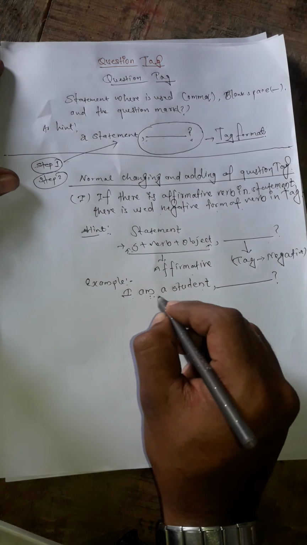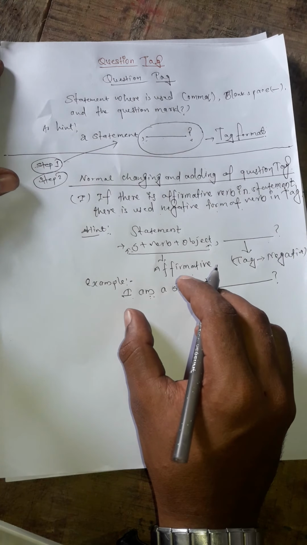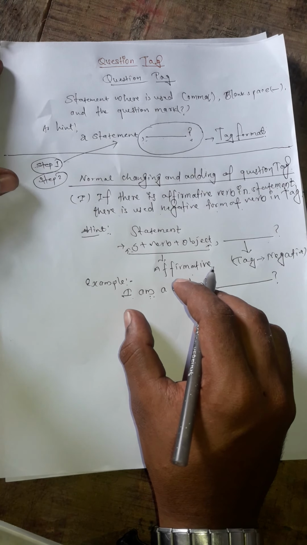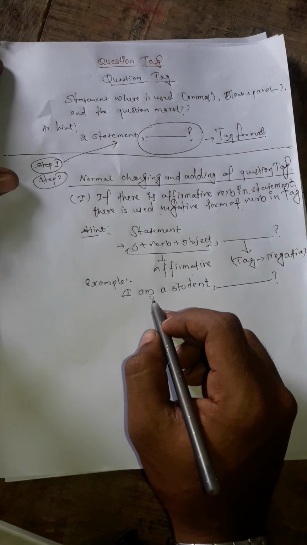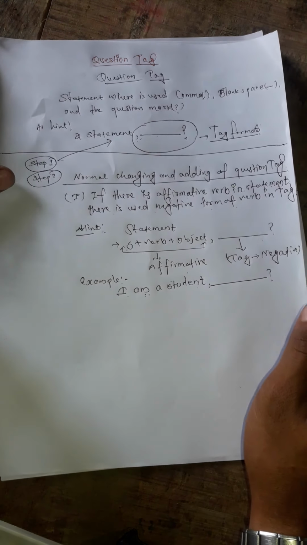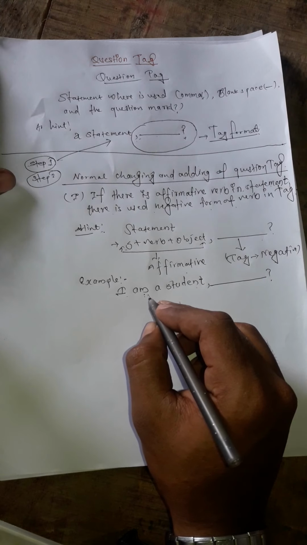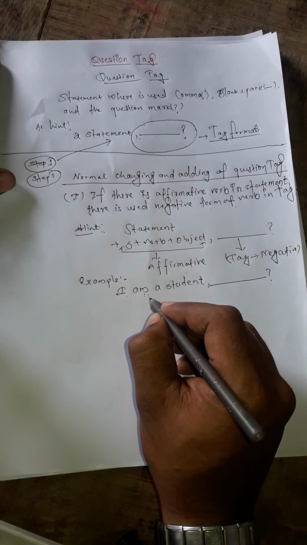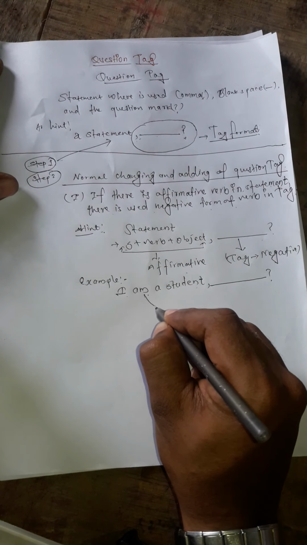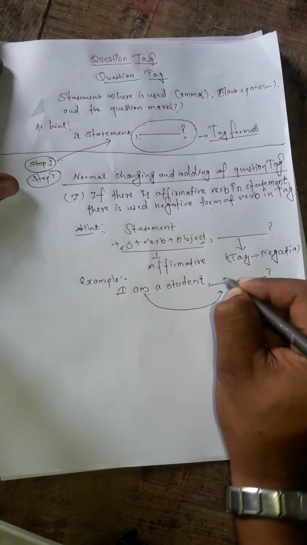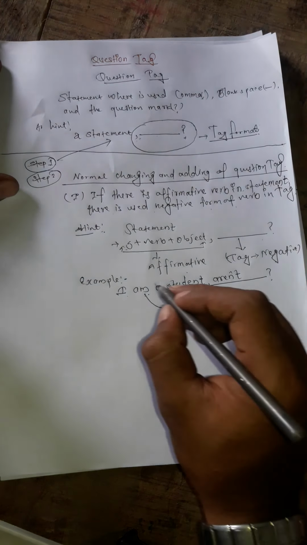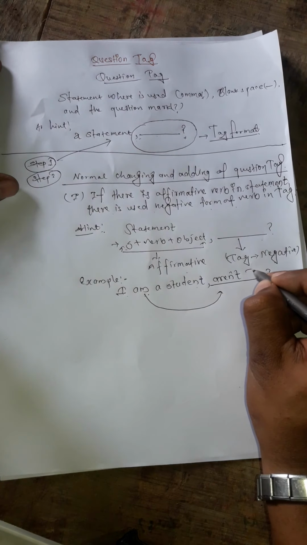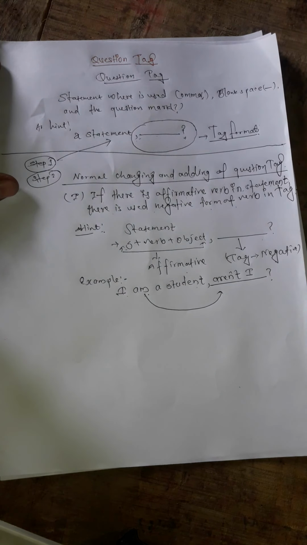And I am a student is an affirmative sentence. To change into tag, first of all, we have to change it into negative. On the rules of affirmative to negative, am is changed into am not. But according to the rule of question tag, am is changed into negative as aren't. Aren't, and I is written in capital letter. Aren't I.